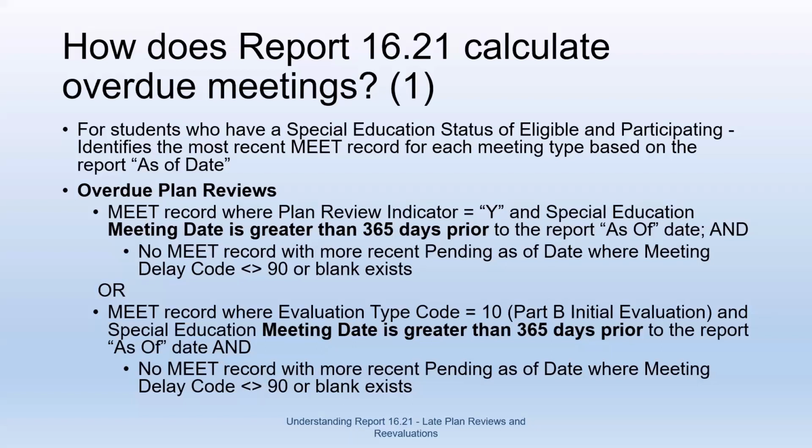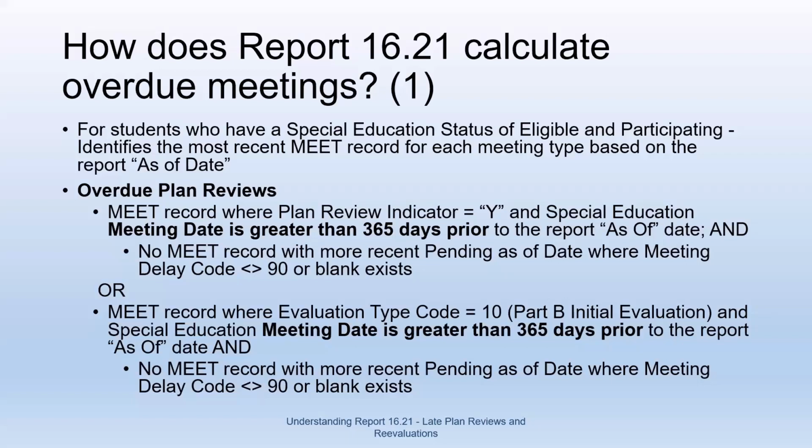And what it does is it identifies the most recent meeting record for each meeting type based on the as of date. So it'll identify the most recent plan review, the most recent eligibility reevaluation as of the report date. So as of 3/5, what would be the most recent record?